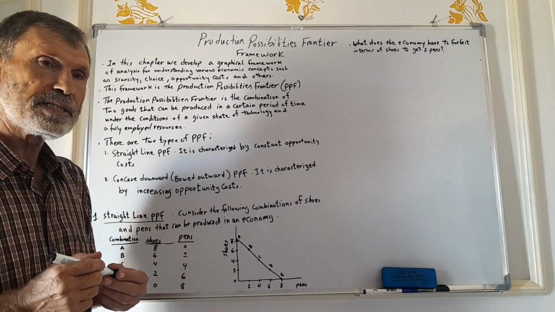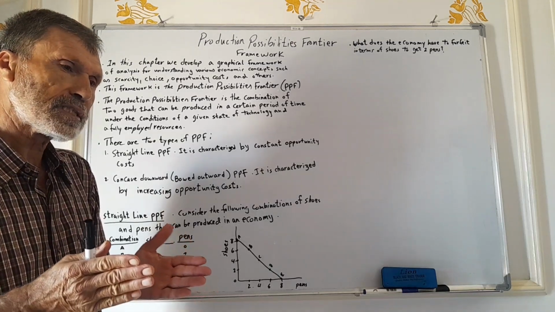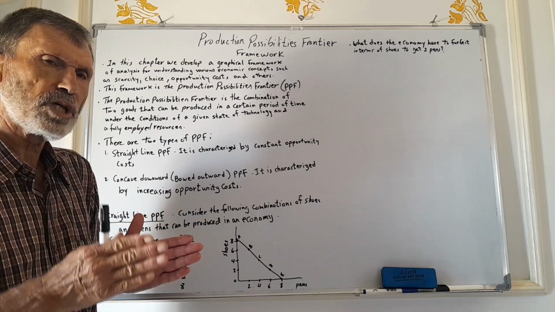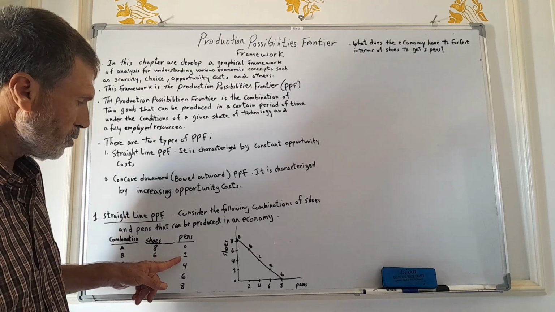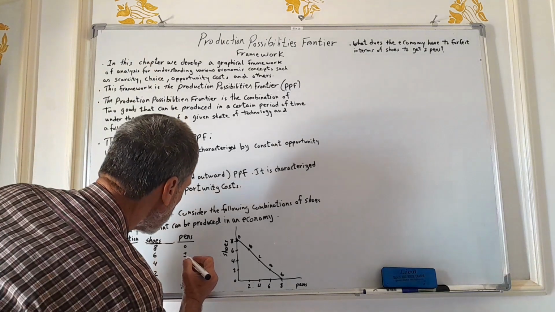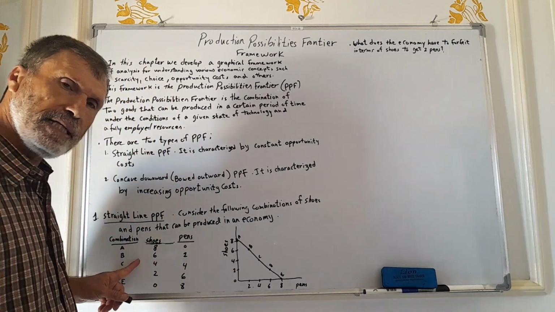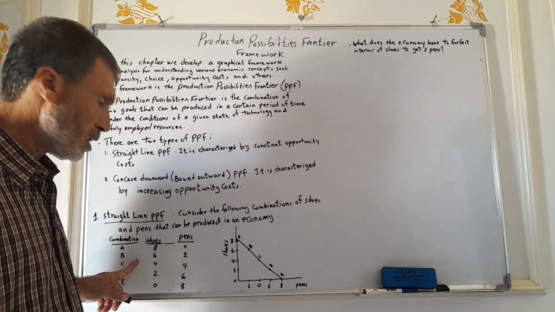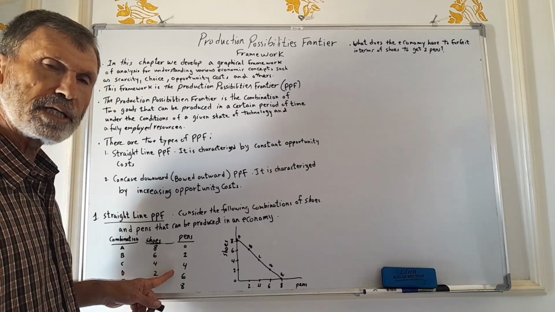However, if it devotes some of its resources to the production of pens, then it produces 6 shoes and 2 pens. And so when it decreases the amount of resources devoted to the production of shoes, the production of pens will increase.